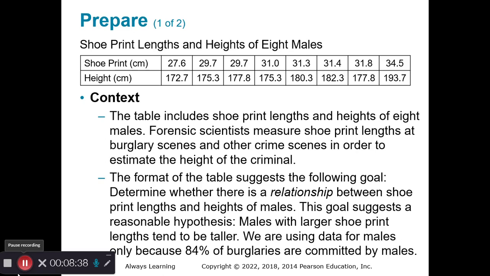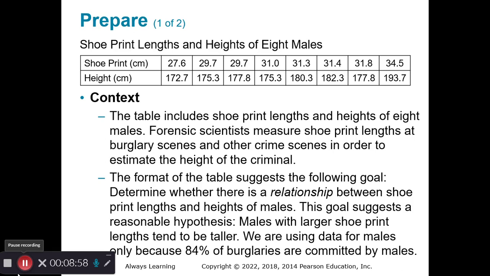Each column represents one person. So the first male has a shoe print of 27.6 centimeters, and he is 172 centimeters tall. Second column is for the next male, third column is for the next person, etc.